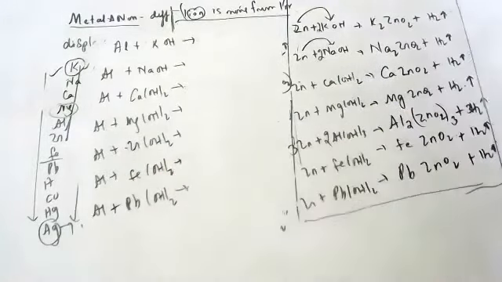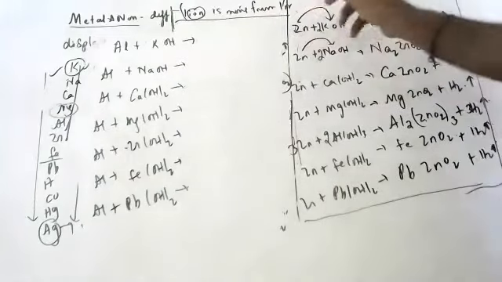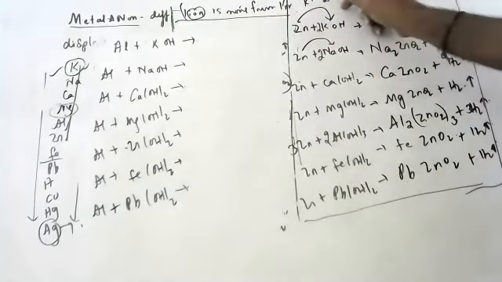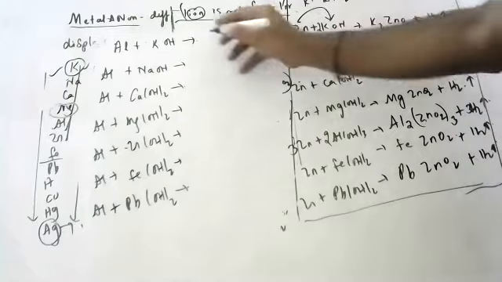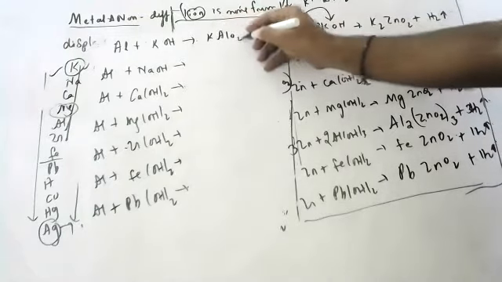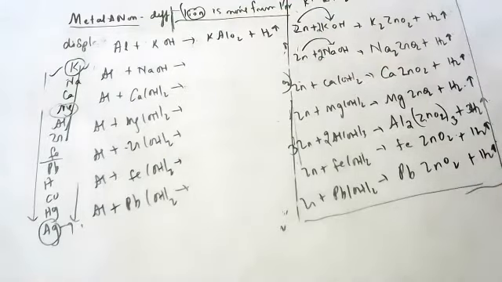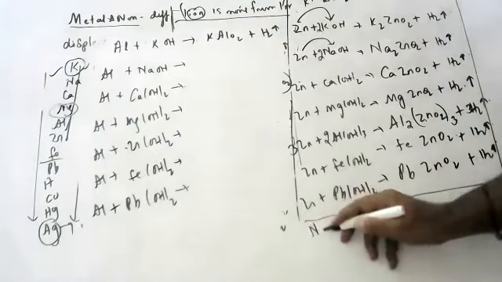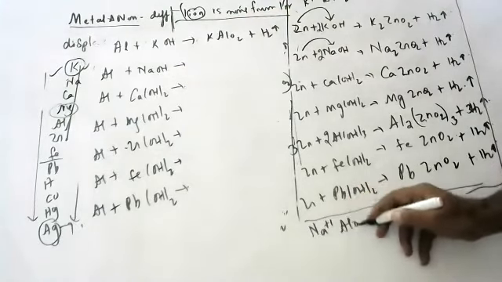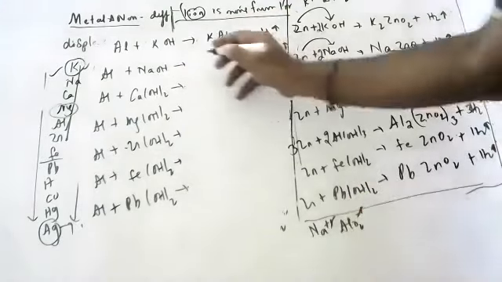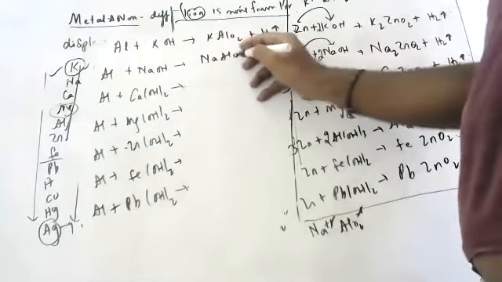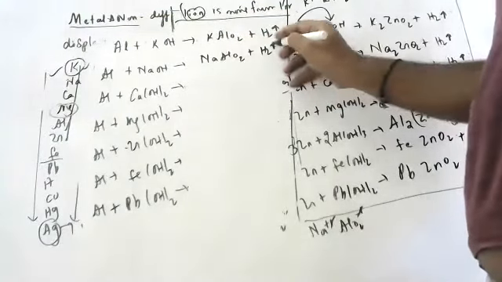In the first case, children, you will get potassium aluminate. K is plus 1, aluminate is minus 1, so KAlO2 plus hydrogen gas. Vedant, sodium aluminate formula. NaAlO2, plus hydrogen gas.